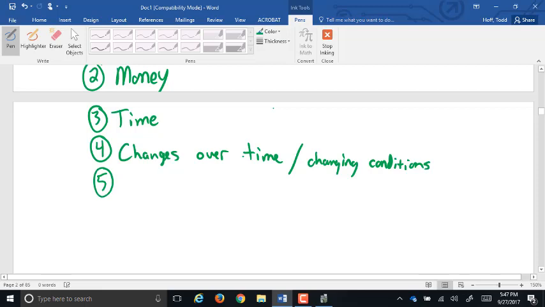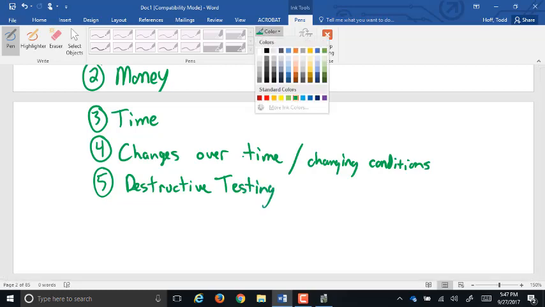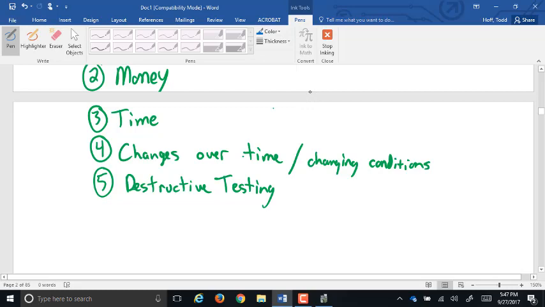This fifth one does not necessarily relate to surveys or political surveys or anything like that. It relates to manufacturing and data gathering there and testing. At least I hope it doesn't relate to surveys. It's destructive testing. What I'm talking about there is, let's say you're working in a quality control position in a manufacturing facility.